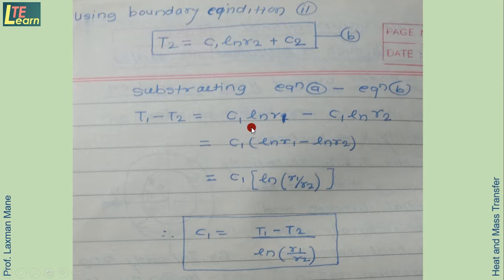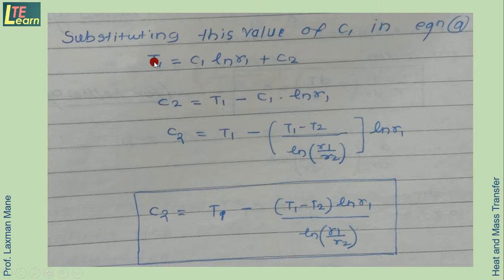Here we can take C1 as a common term. So we find C1 is T1 minus T2 by the natural log of the ratio of R1 to R2. Now substituting this value of C1 into equation A, C2 is equal to, first of all we arrange this equation and then we put C1 in the bracket.